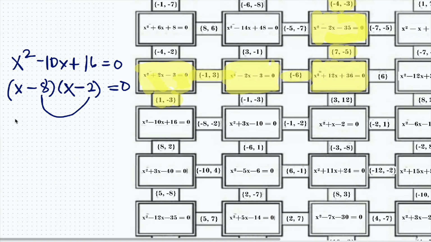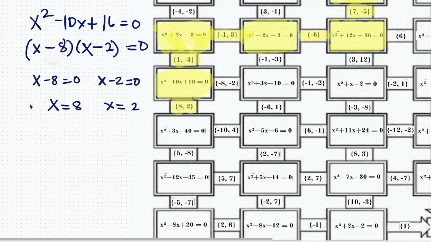There you go. So we have x minus 8 equals 0, x minus 2 equals 0. Our answer would be x equals 8 and then x equals 2. So we proceed to the next one.